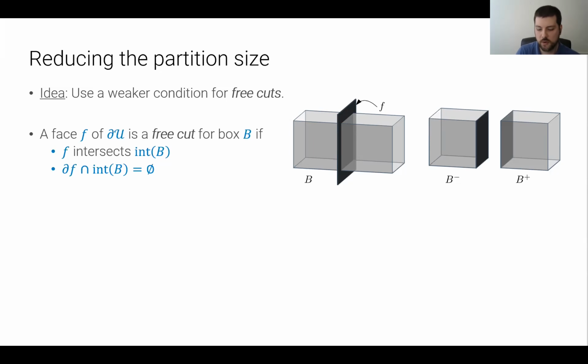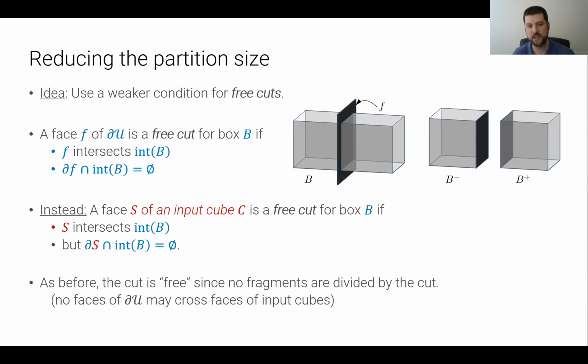It's where a face of that boundary is separating that box into 2 pieces. But this is more than we need, because we can instead just look for when a face of an input cube has that property. It's splitting the box into 2 pieces. We don't have to wait until exactly part of the boundary on that face crosses it itself.